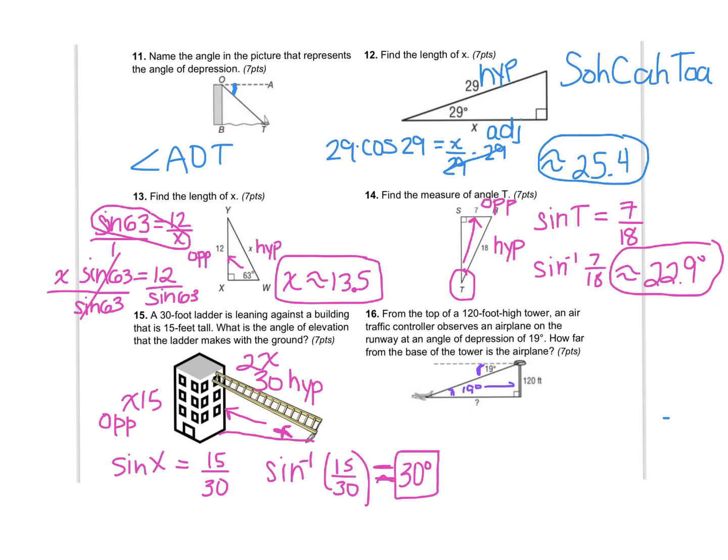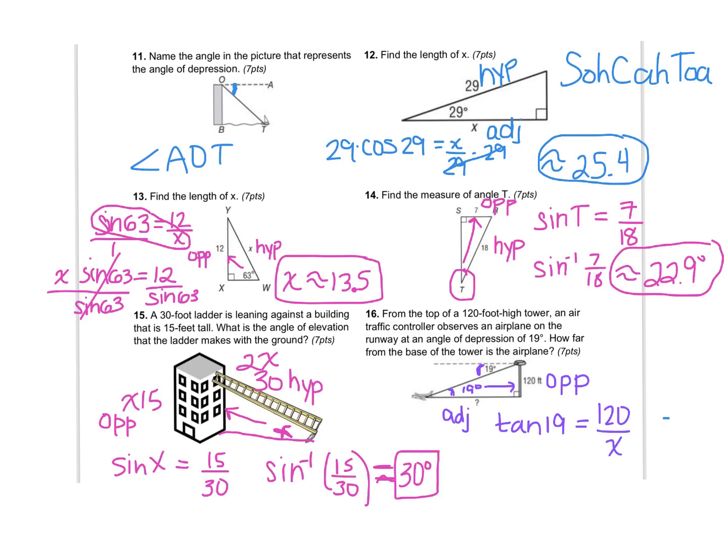This side is opposite. And the other one that we have touching it that we're asked to solve for is our adjacent. So we would want to use the tangent function. So tan of 19 is equal to opposite, which is 120, over adjacent, which is our x.